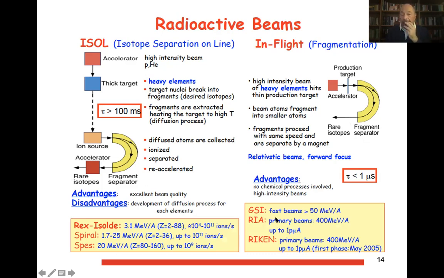So there are a few, in addition to GSI, few accelerators that do this work. While for ISOL, the most famous is certainly ISOLDE at CERN, which is very much used for that, but also Spiral 2 in France and SPES in Italy.